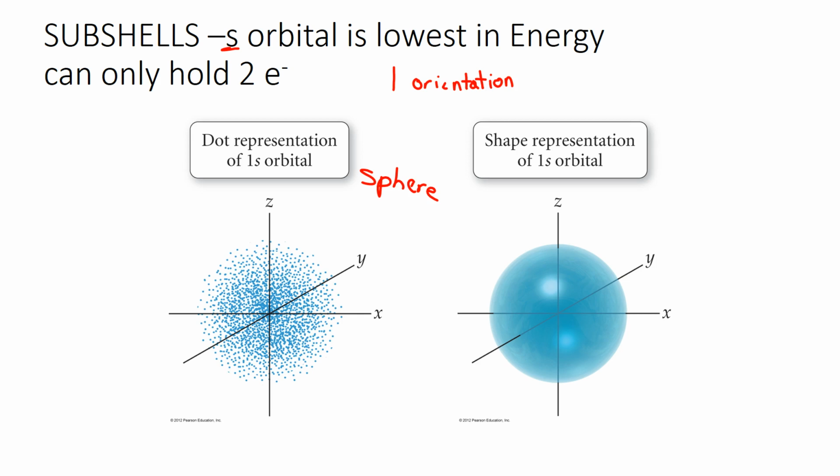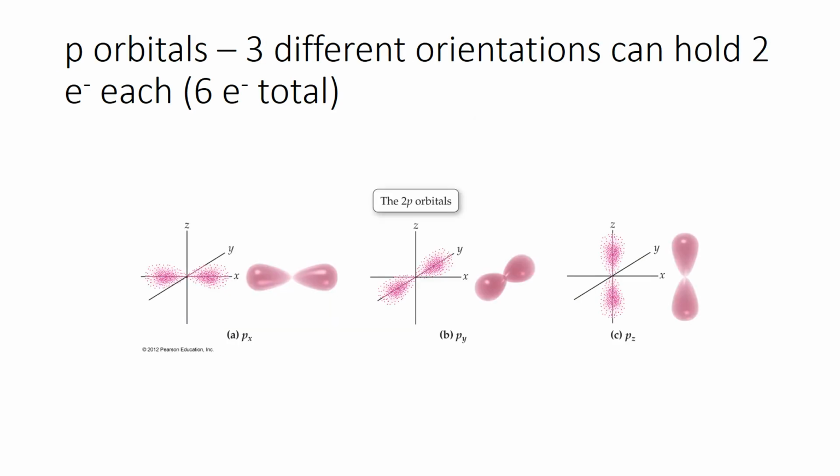All right. And so if we're looking at an XYZ axis, no matter which direction we're orienting that axis, it looks the same. So again, the S sublevel is the lowest energy. It can only hold 2 electrons. It's considered to be a sphere, and it only has one orientation.